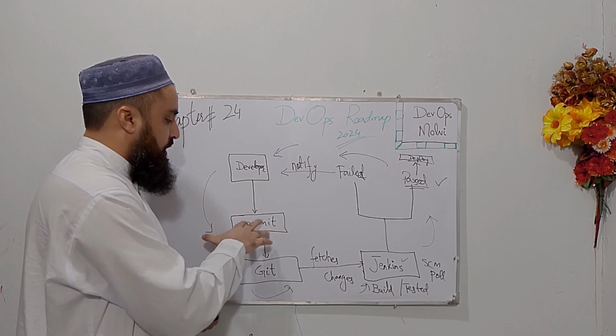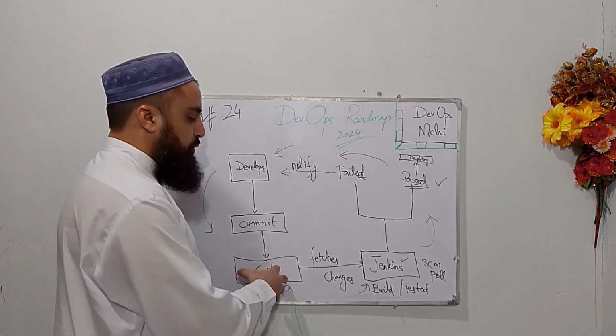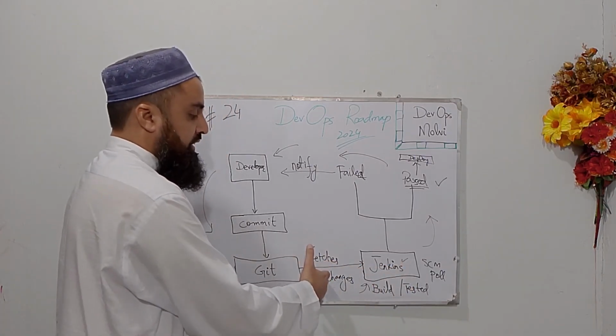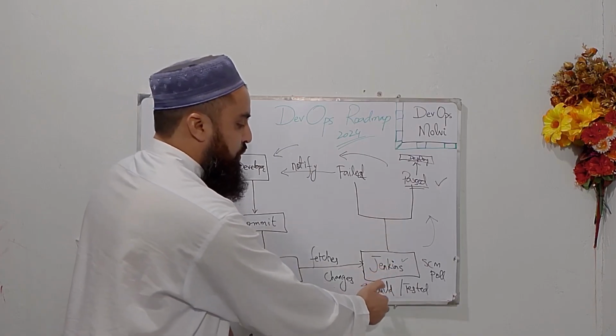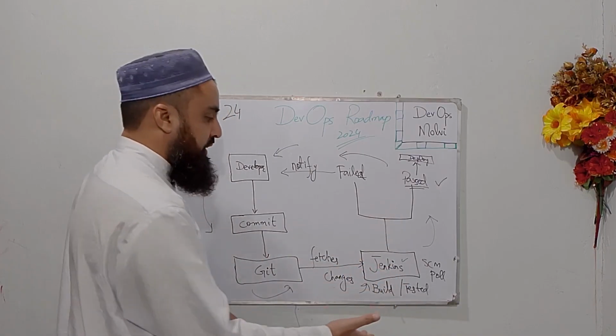Developers are writing the code, they are committing to Git, and we have fresh and new code every time. Jenkins is aware of the changes and it automatically fetches the changes, builds the code, and tests the code. Test means unit test, regression test, integration test.